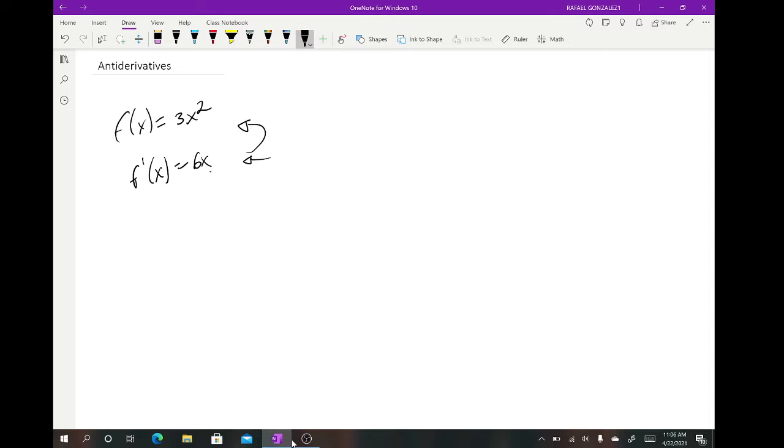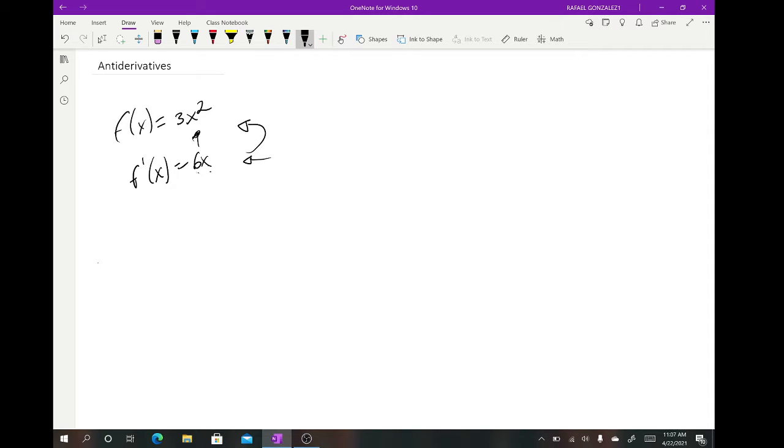If you think about what values of x and exponents and leading coefficient will give you 6x when you take the derivative, then you'll be able to do it. But there are functions that are way more complicated than this, and it does become very difficult to actually start guessing. So that is basically the motivation of what an antiderivative is.